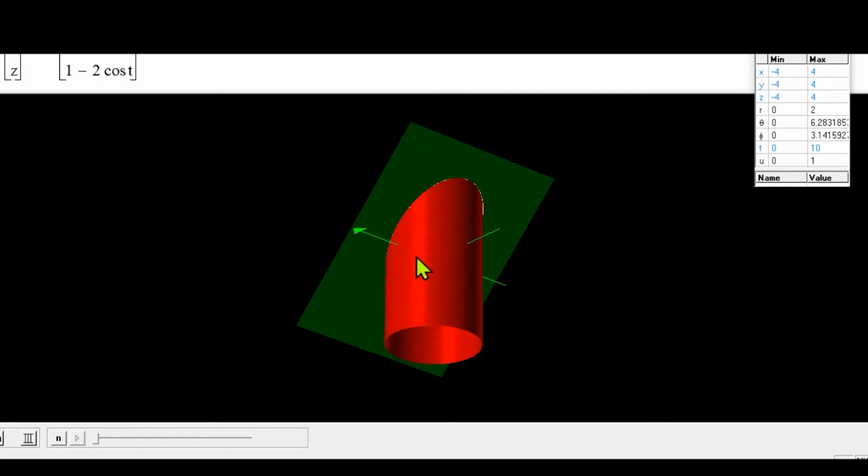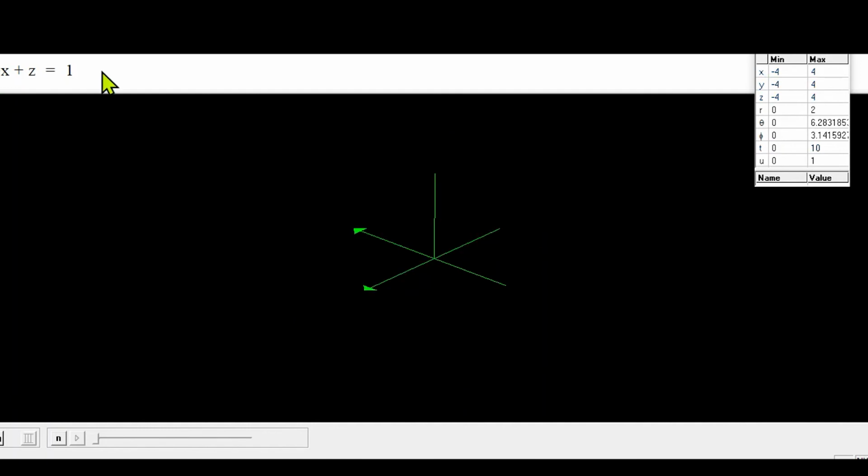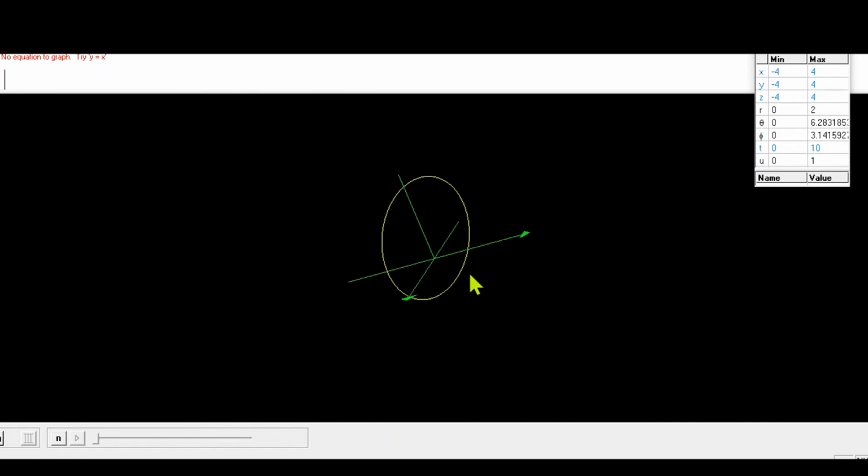Wow, dang, huh? Okay, I'm going to take away the cylinder and the plane so you can see it better. And why don't I delete these things? And you will see there, space ring, space ellipse. How about that, huh? You feel it?